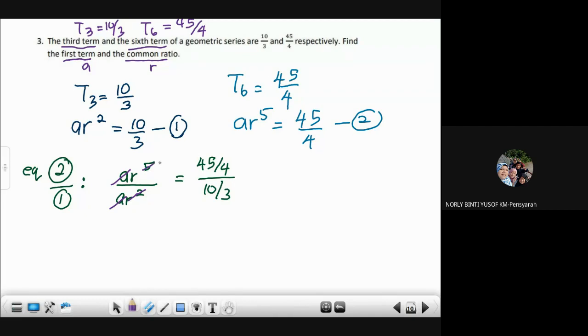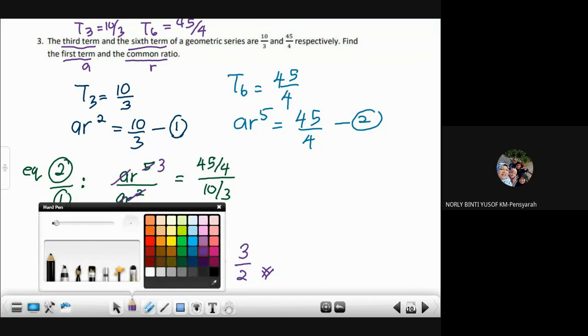R ini akan tinggal 3. So R 3. Ini you tekan calculator. You will obtain 27/8. Then cube pergi jadi cube root lah, ataupun punca kuasa 3, 27/8. So you akan tekan calculator, you dapat 3/2. That is for common ratio.